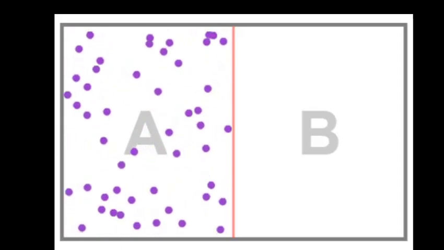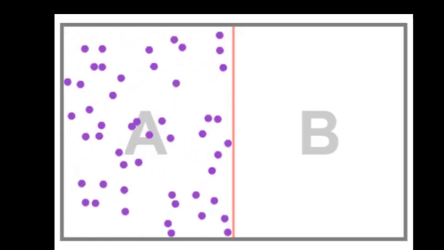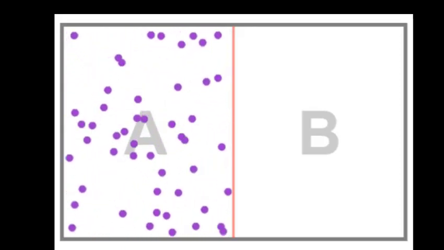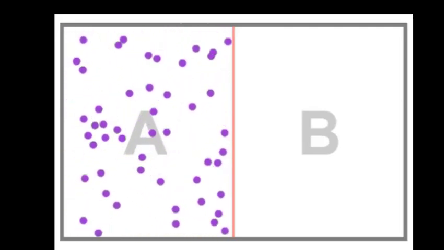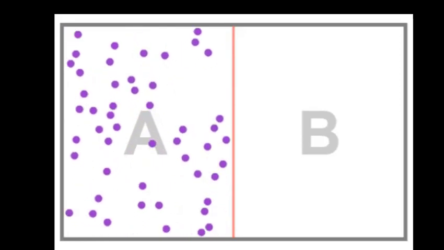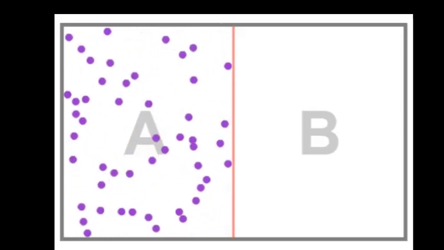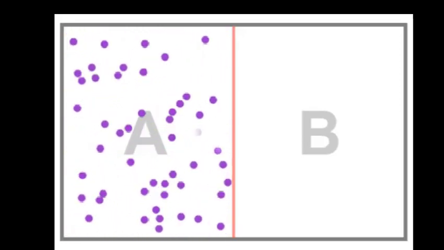When we talk about simple diffusion of gases and liquids other than water, this is the driving force behind why they move from areas of high concentration to areas of low concentration. Let's see what happens when we open up this wall.